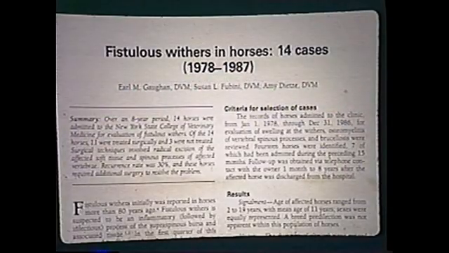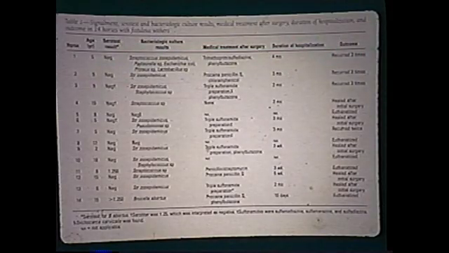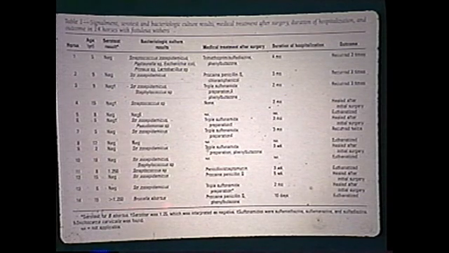And then, interestingly to me, is a fairly low number, but a survey of horses that covered some period of time. You may have a difficult time seeing it in this particular photograph, but in the old days we used to list Brucella abortus as a major cause of fistulous withers and poll evil. More recently, Streptococcus equi is the most common organism that's cultured.